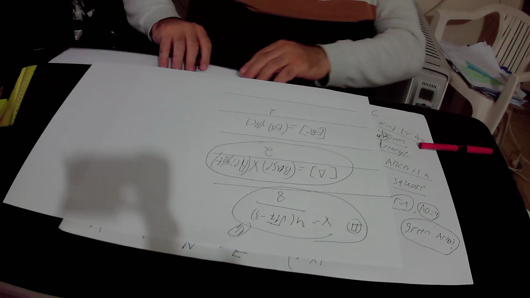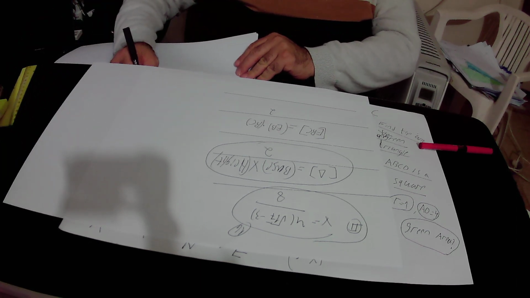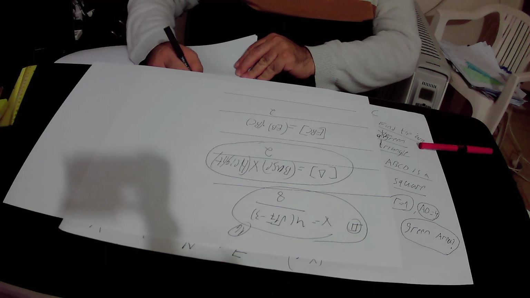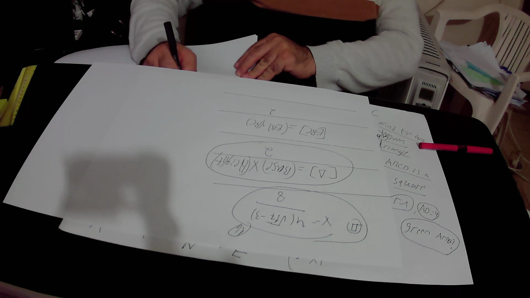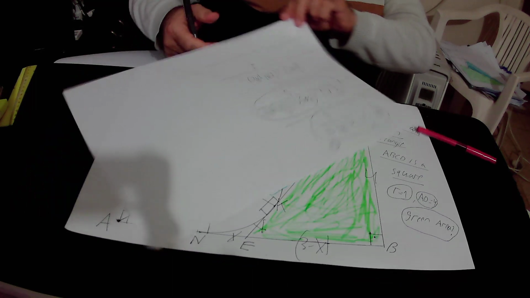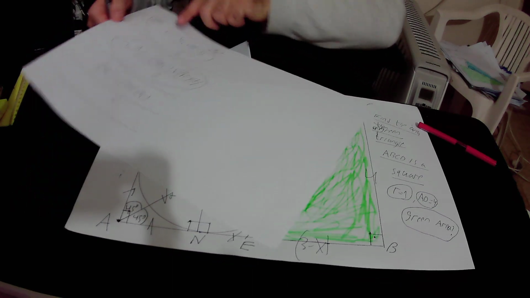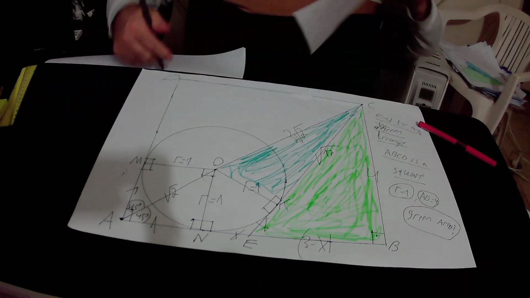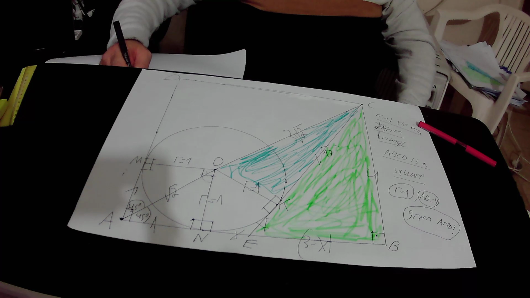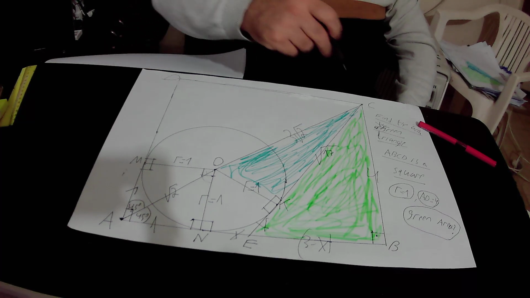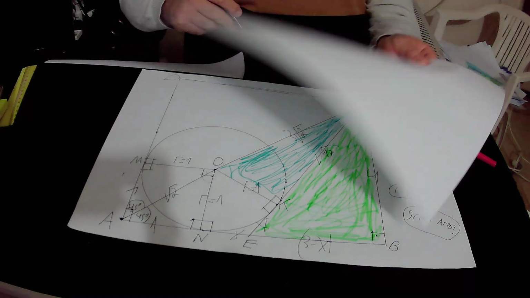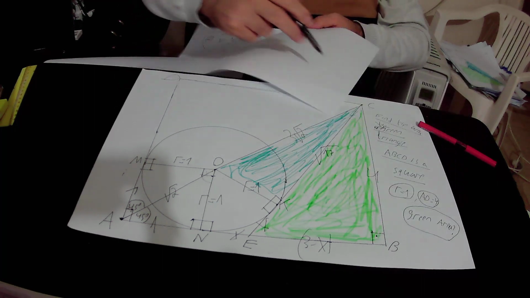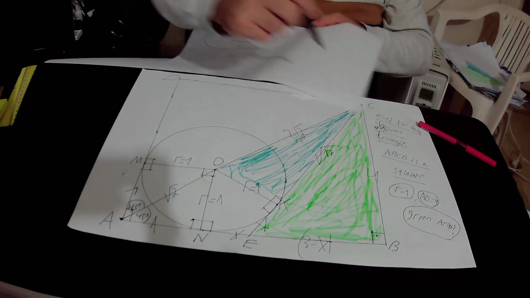So the area of triangle EBC, according to equation number 3, will be equal to EB. EB is 3 minus x, and times BC. BC equals 4 units.